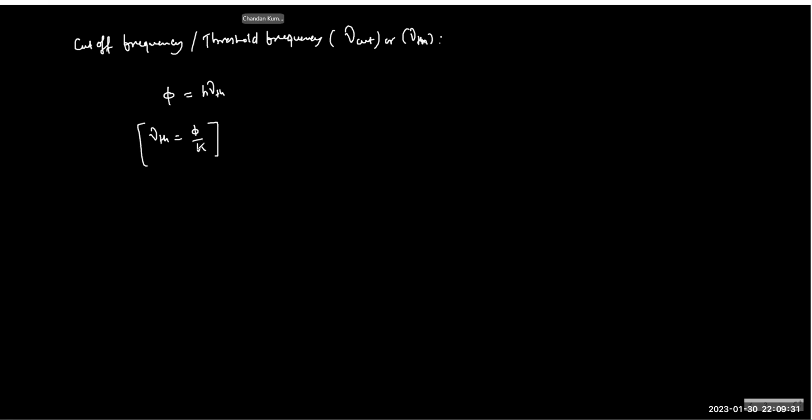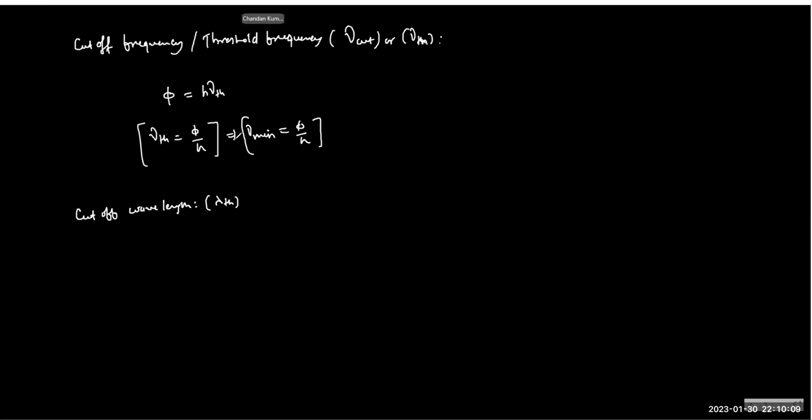So how to find the cutoff frequency? Phi by h. Very simple. We have cutoff wavelength, lambda th. This nu th is the minimum frequency that can create the photoelectric effect. If frequency goes below this, then we cannot expect any photoelectric effect. Is this clear?